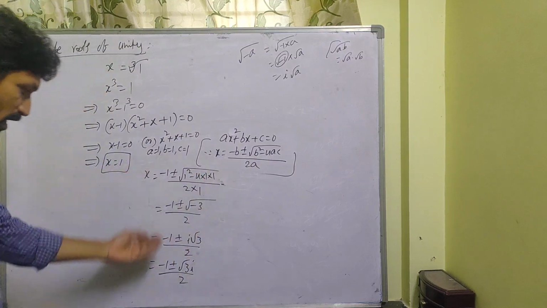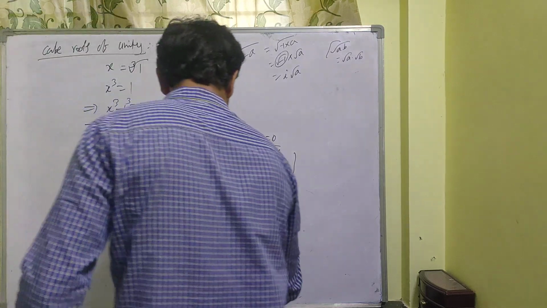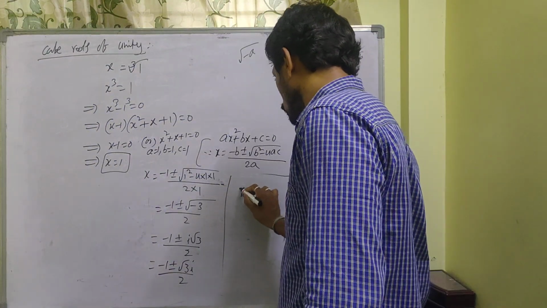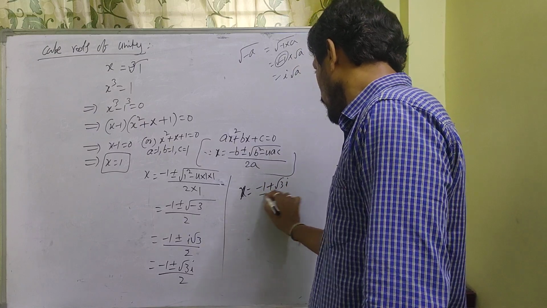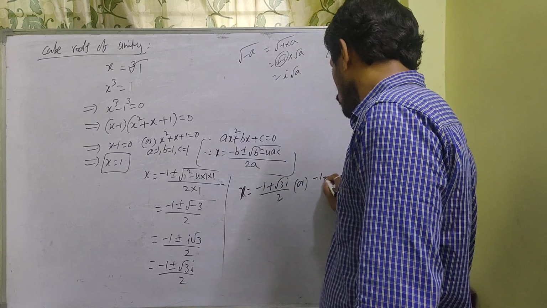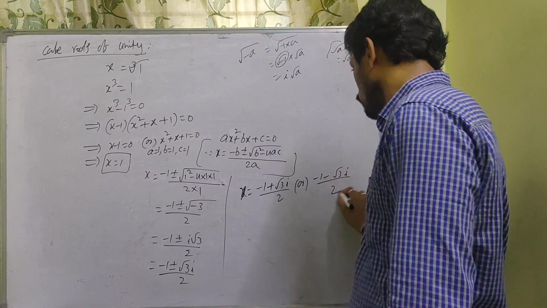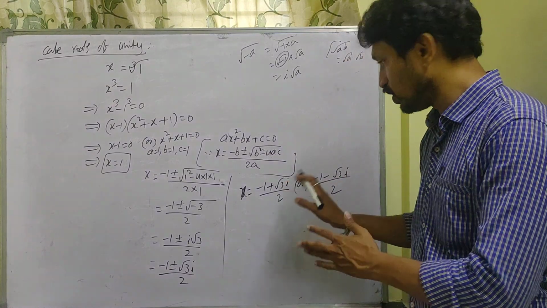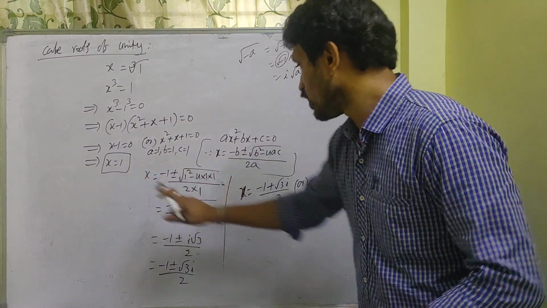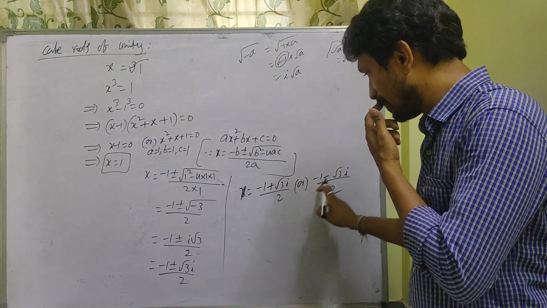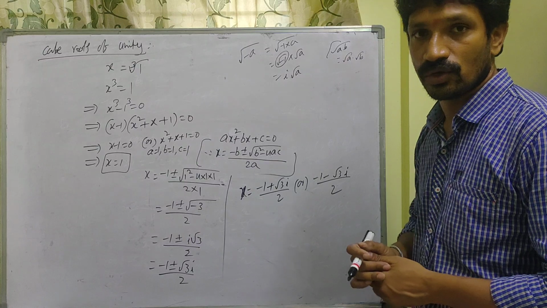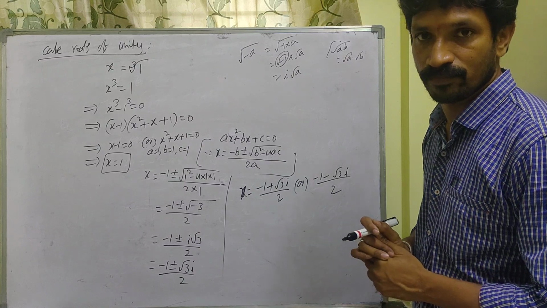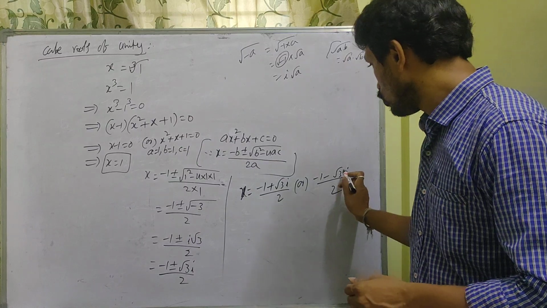That means from here you get the other two roots: x is equal to minus 1 plus root 3 i by 2, or minus 1 minus root 3 i by 2. So these three roots, 1, minus 1 plus root 3 i by 2, and minus 1 minus root 3 i by 2, are nothing but the roots of the cube root of unity. Clear?